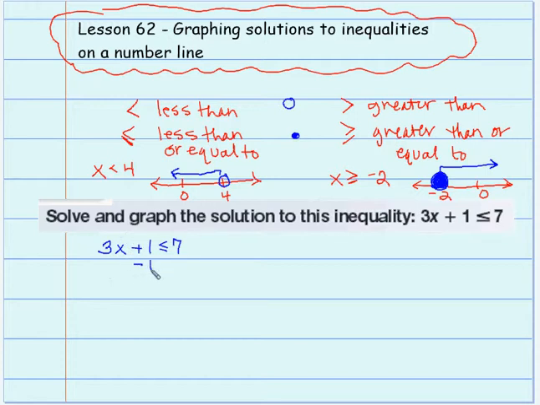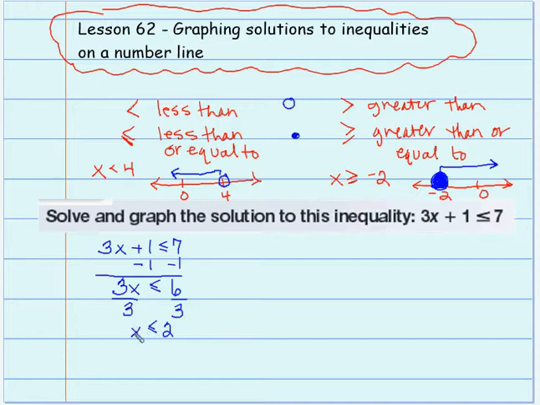So we would subtract 1 from both sides, leaving us with 3x, because plus 1 minus 1 is 0, so we don't write that. Then the symbol stays less than or equal to 7 minus 1 is 6. Here now we're multiplying by 3, so we're going to divide both sides by 3, leaving this 3 divided by 3 is just 1, so this becomes x, the less than or equal to symbol, and 6 divided by 3 is 2. So there's our solution.